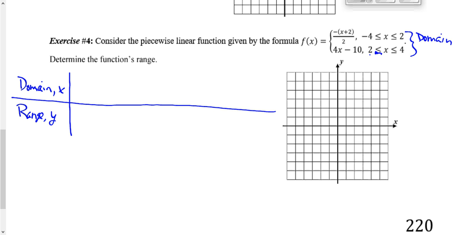The lowest number in those domains. -4. And what's the highest one? 4. All the way out to 4, right? So -4, -3. Just do this.